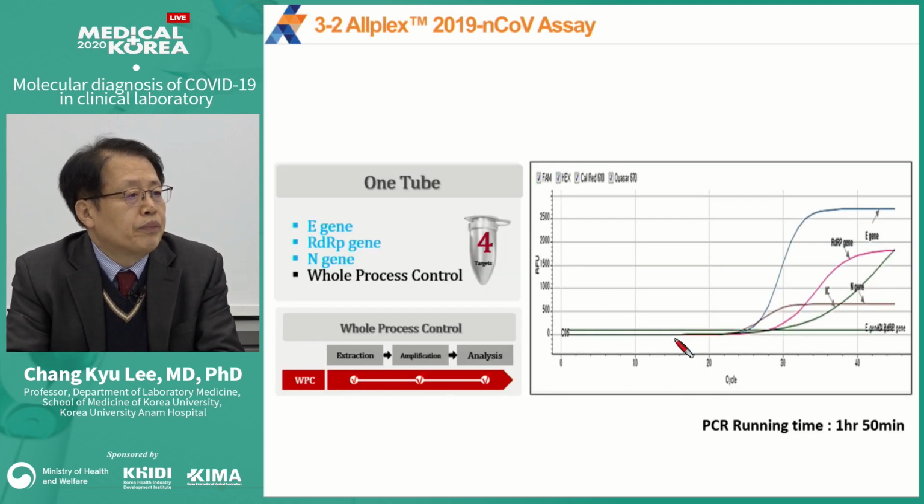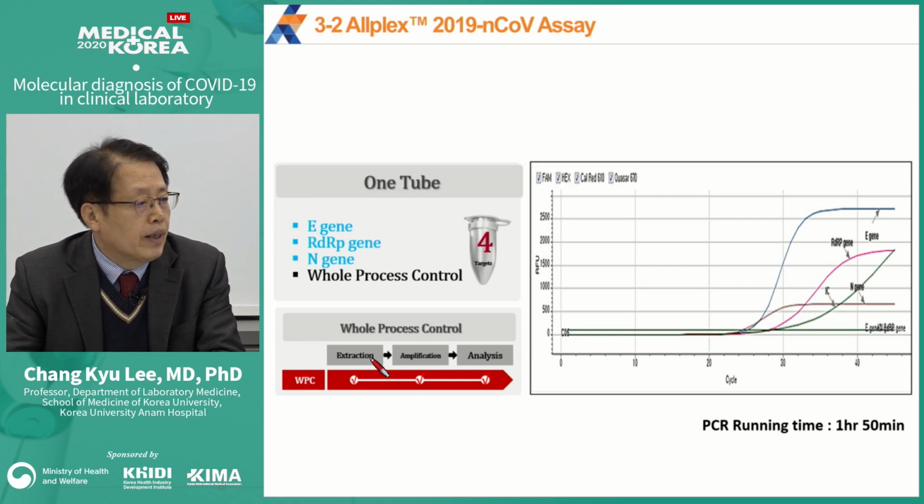Next one is Allplex from Seegene. It can detect 4 targets in one tube using advanced multiplexing technology. E gene, RdRp gene, N gene, and whole process control for internal control. Another good point is whole process control. It is added from the beginning, so we can verify extraction process as well.